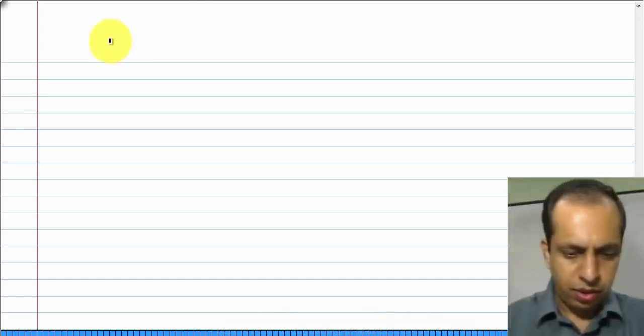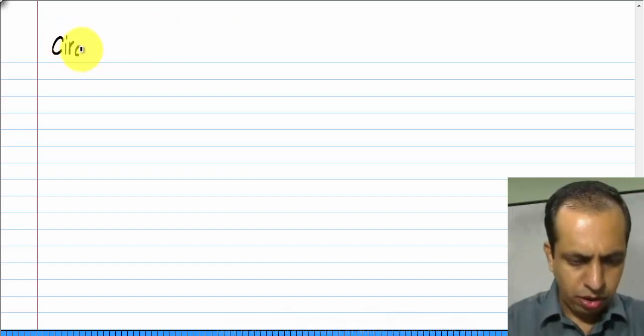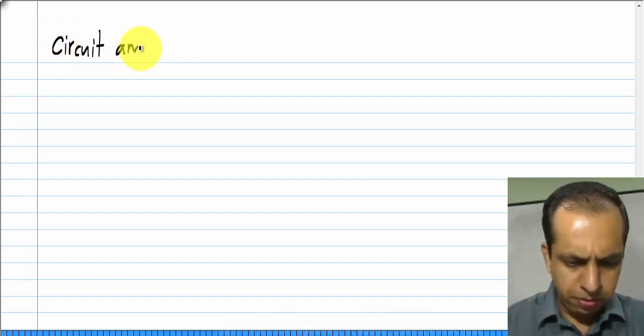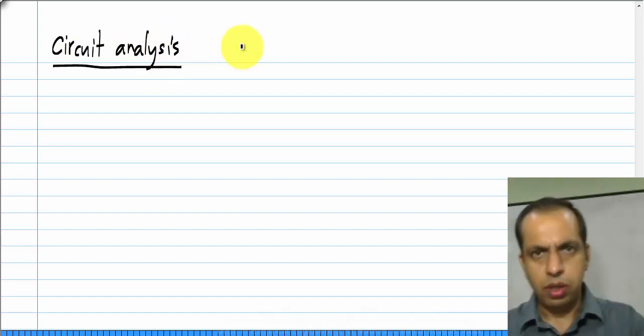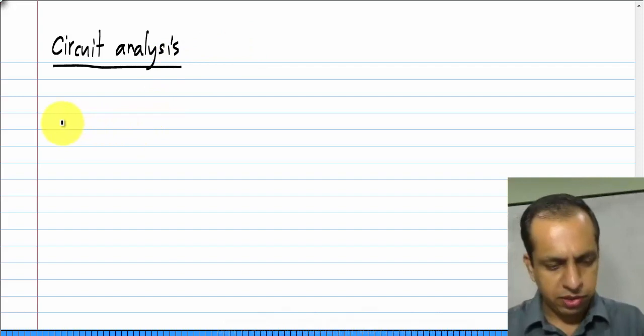So, for large circuits we need systematic ways of analysis, and that is what we are going to study. But before we go to the systematic ways of analysis, first we will find out what it is that we have to solve. Now, let us consider some general circuit.